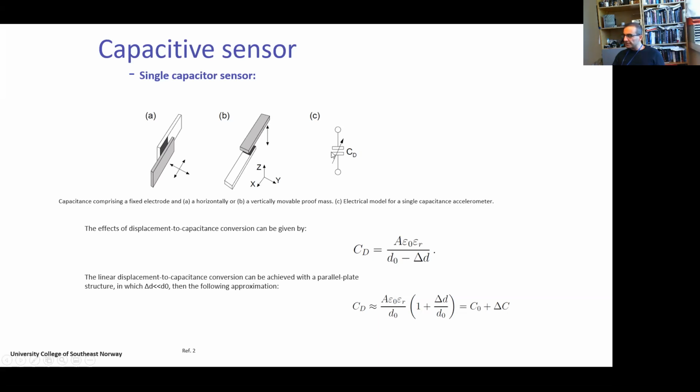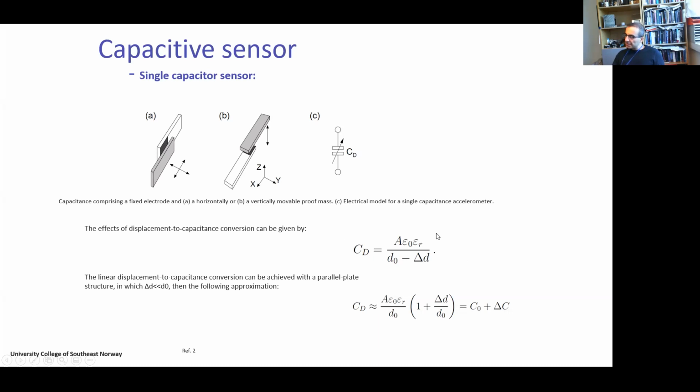In the figure, you see that both of these two figures in A and B are modeled as a variable capacitor. Let's start with saying that the change in the capacitor is due to the change in the distance between the plates. Then the capacitance C(d) can be modeled by this expression here.